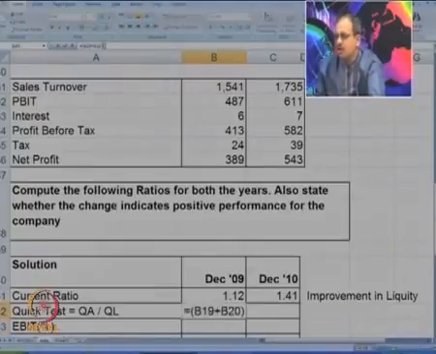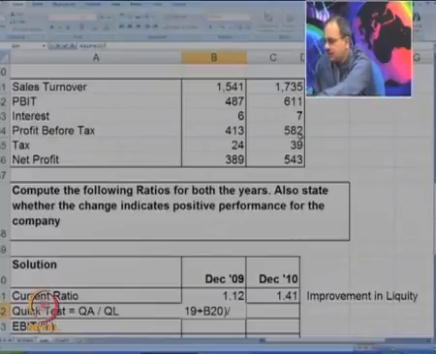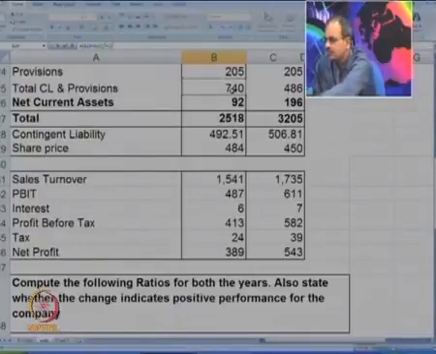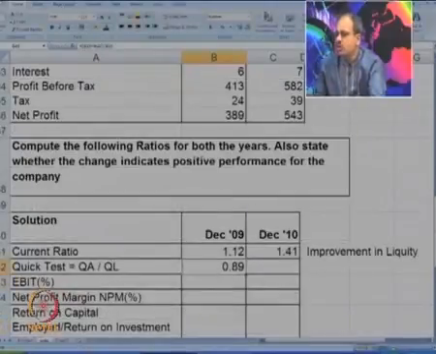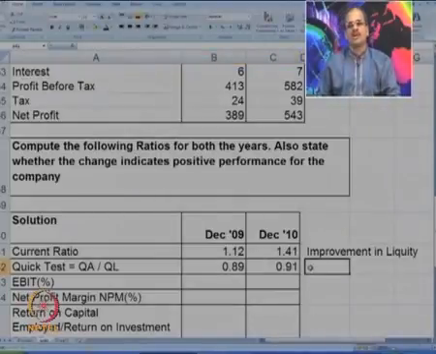So this is a total of current assets. We will divide it by quick liabilities. So you get 0.89. Next year if you drag, you will get 0.91.